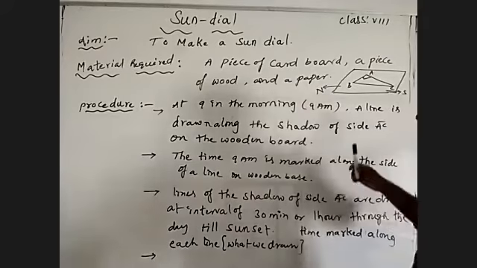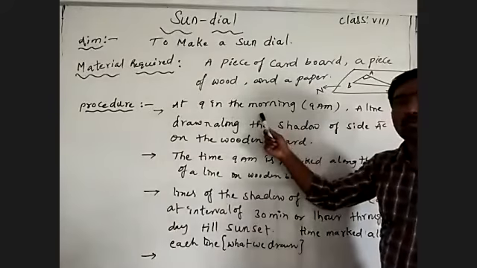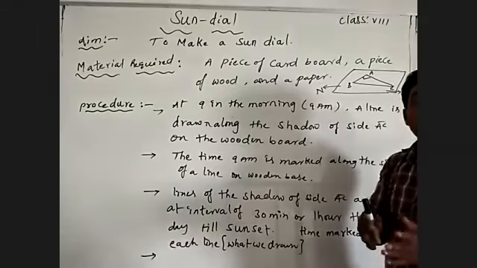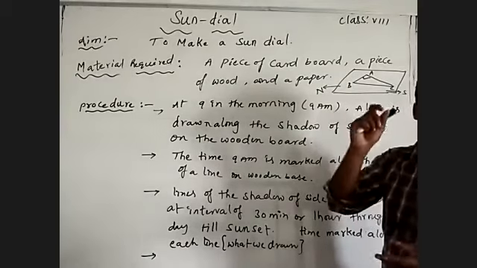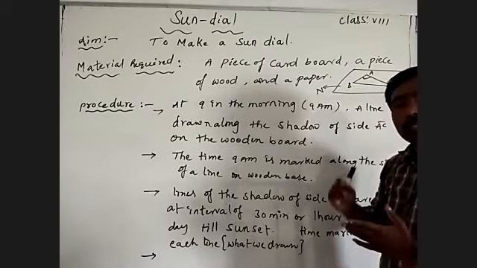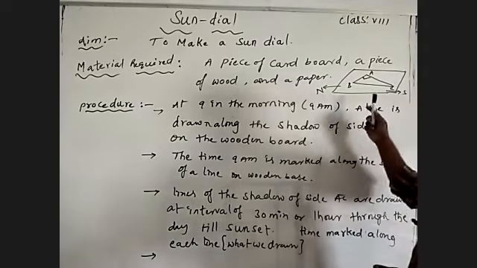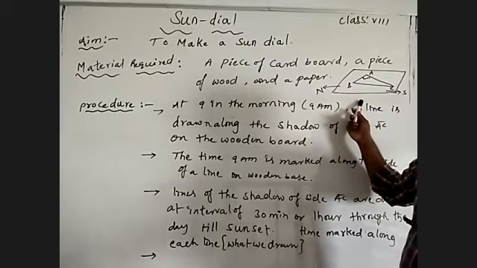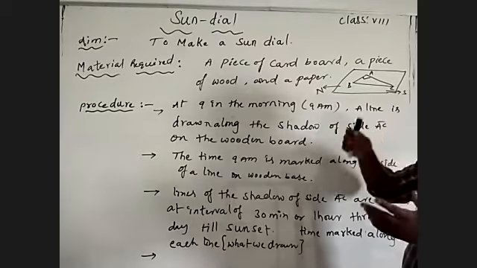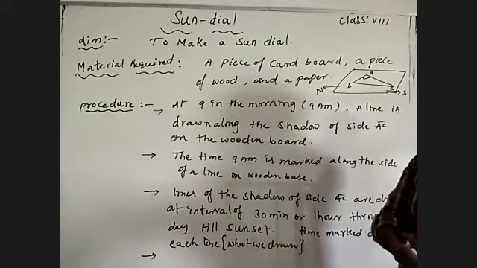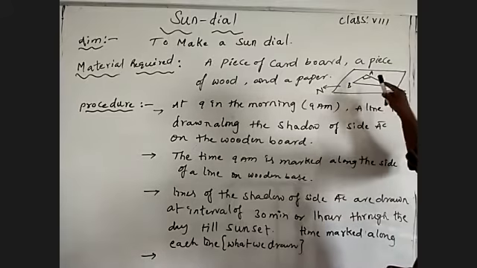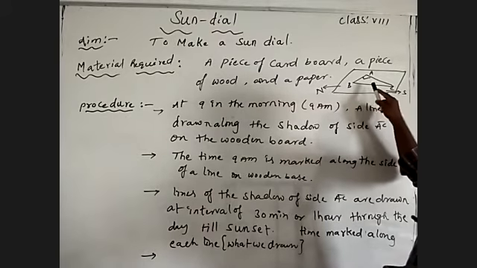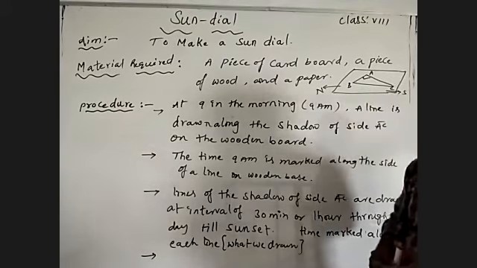Suppose it is 10 o'clock: the shadow will appear on the particular line marked 10 a.m. When we come to look at 2 p.m., the shadow will appear on the line marked 2 p.m. So by using sunlight and the formation of shadow, we can recognize the time.